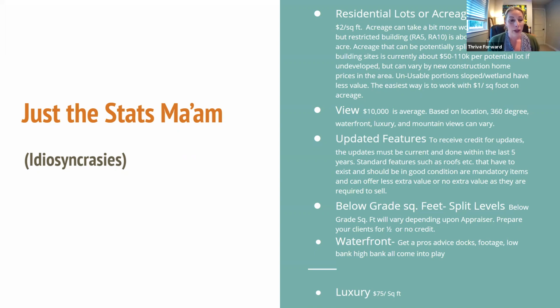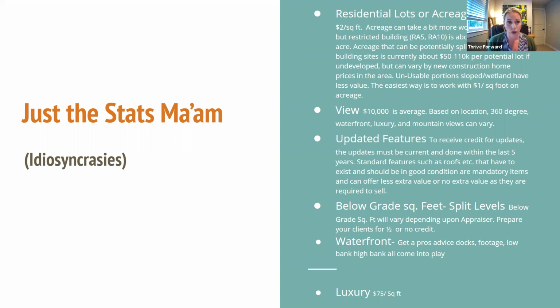Okay. And a lot of times they have finished tri levels or split levels. So some of that square footage is finished, but it's downstairs. For instance, if the top floor is 790 square feet and the bottom floor below ground is 790 square feet, they should have full value, right? Not necessarily. Below grade square feet sometimes get no value at all, which is horrible.